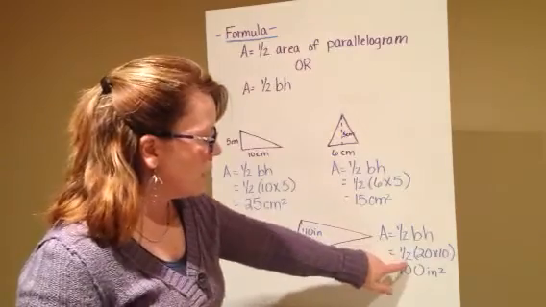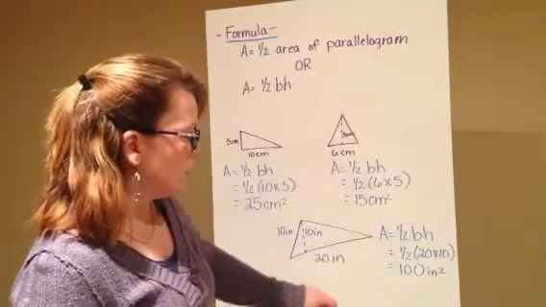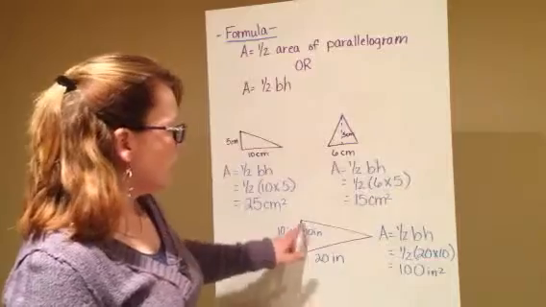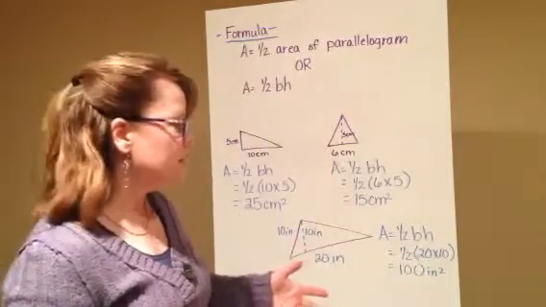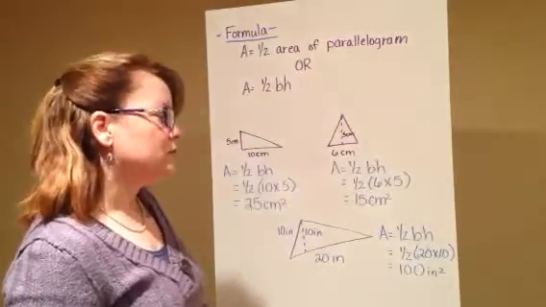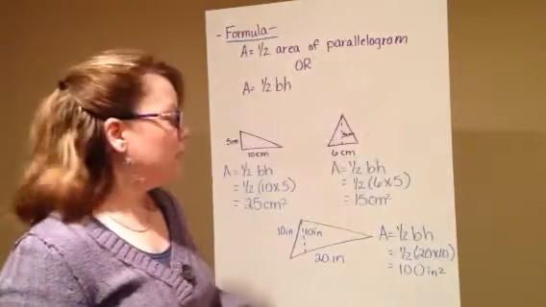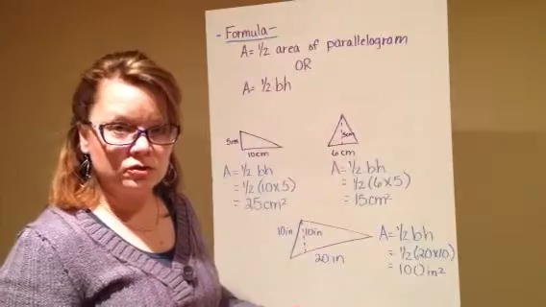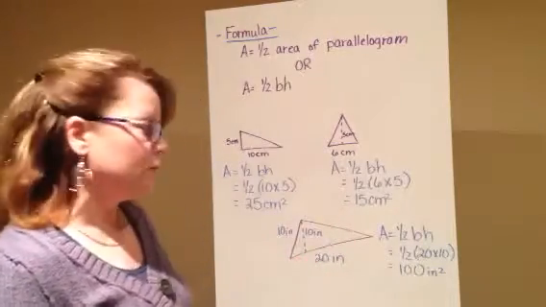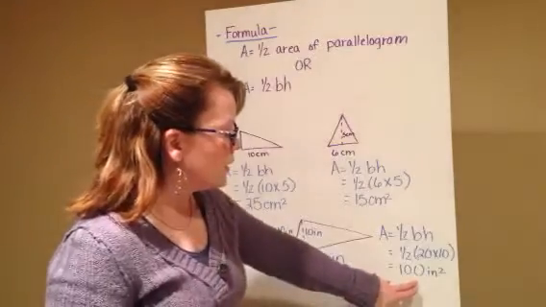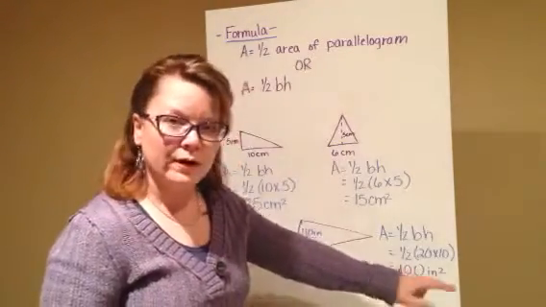Then I'm going to write 1/2. My base is 20 inches. My height is 10. I'm going to multiply 20 times 10, which is going to be 200. I can do 200 divided by 2, or I can do 1/2 of 200, whichever is easier for you. And I get 100 inches squared.